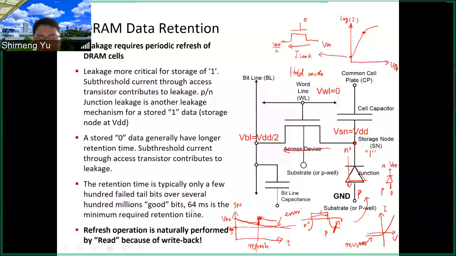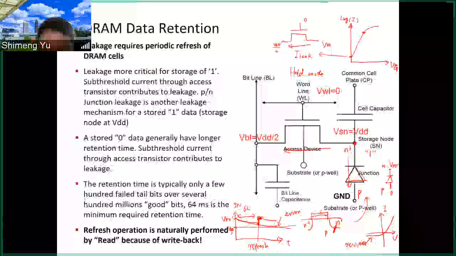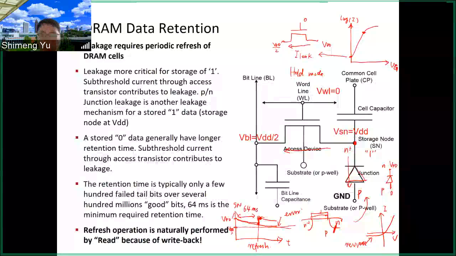The typical refresh cycle by the industry standard today is about 64 milliseconds before it becomes an error. So you have to refresh every 64 milliseconds.